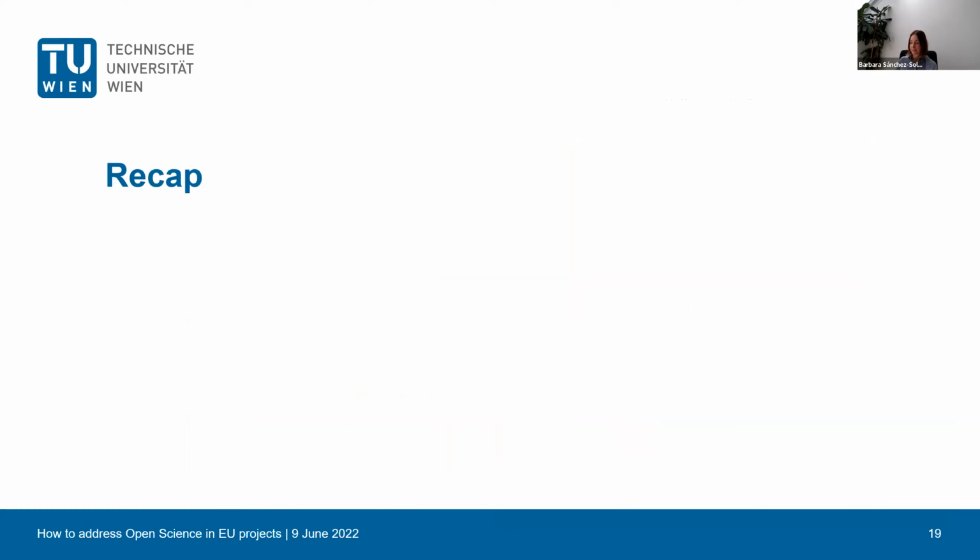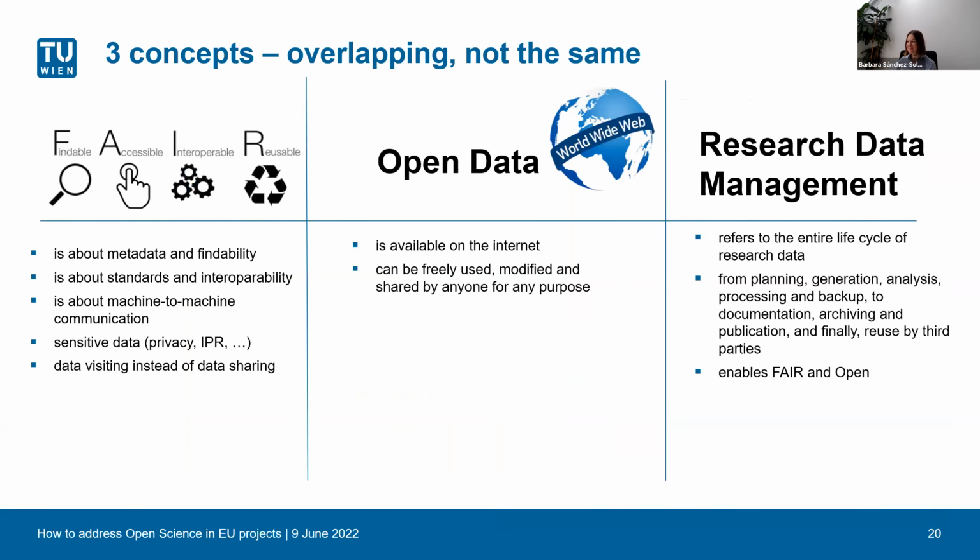Just a short recap, because I had the red card already. So there are three concepts that appear in all these documents by the European Commission again and again, and they are overlapping, but still they are not the same. Research data management is actually the basis for the other two concepts. Open data means this data is actually out in the internet.